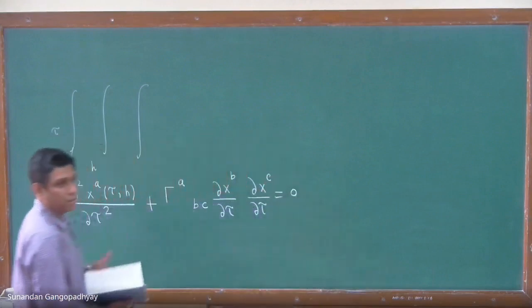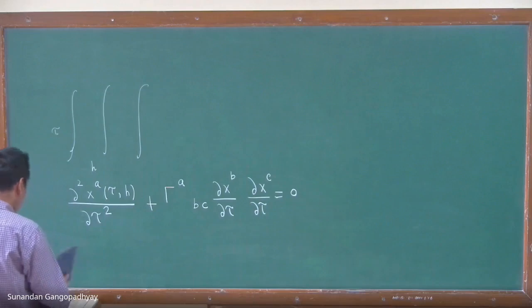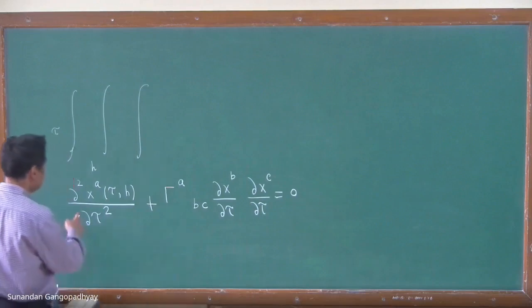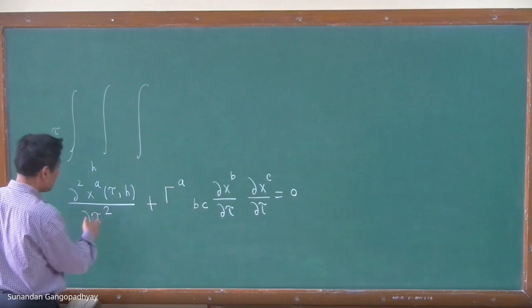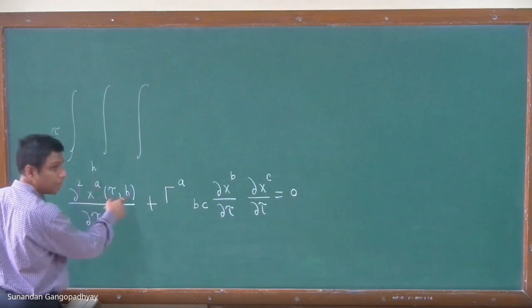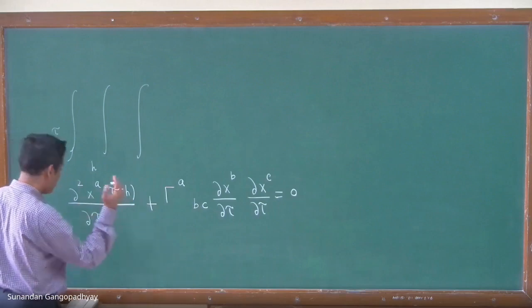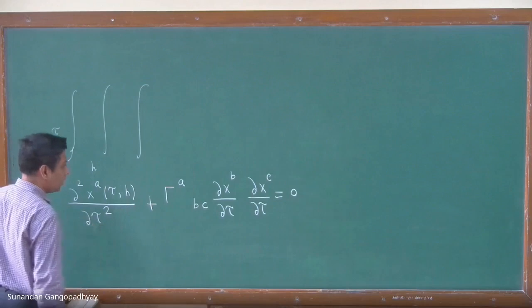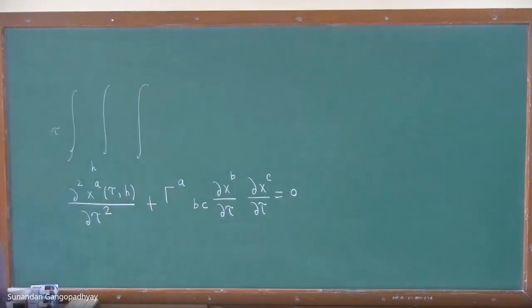So this is the geodesic equation, which we have already learned. You can see that we have used partial derivatives because these geodesics are parameterized by two parameters, and the differentiation is with respect to tau, and since you have another parameter here, the partial derivative appears.